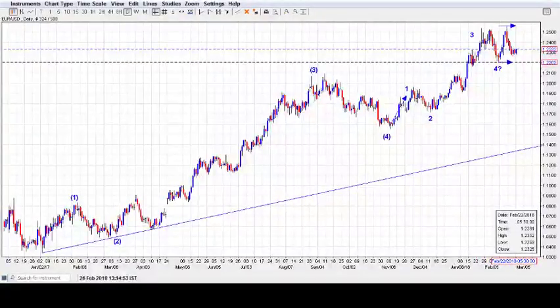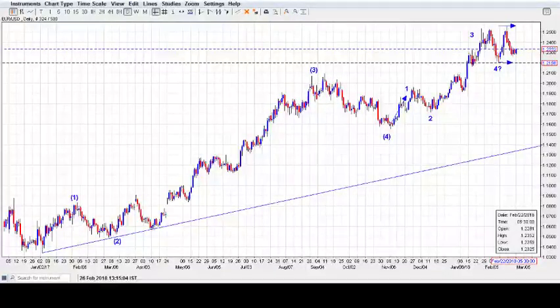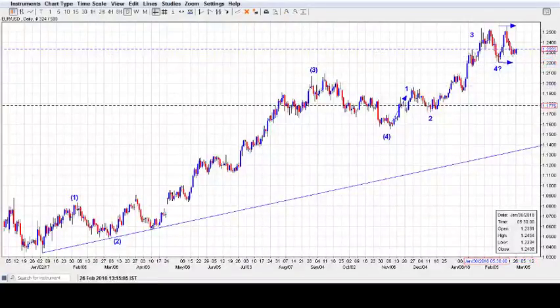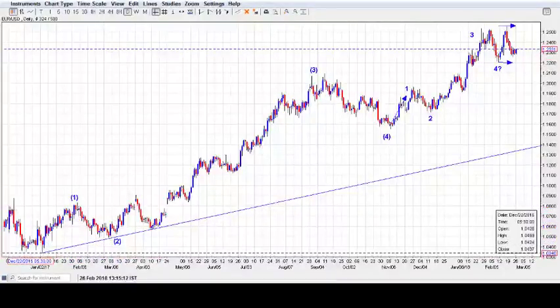So any signs or any break below 2200 on a consistent basis should be considered as a meaningful top being formed. So watch out for the fifth wave impulse.